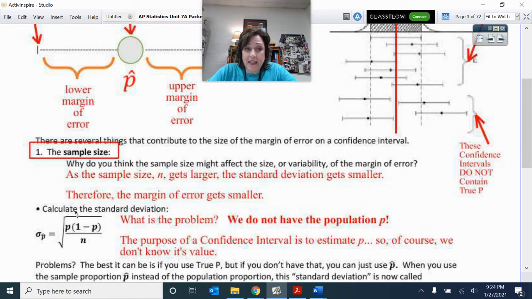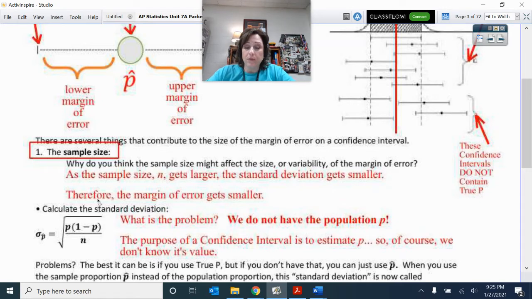So that means that as your sample size gets larger, your standard deviation will get smaller. And then you know what's going to happen? That whisker is going to get smaller. So then we're not estimating from negative infinity to positive infinity. We're being able to estimate and have a smaller range of plausible values. So sample size going up is a good thing.